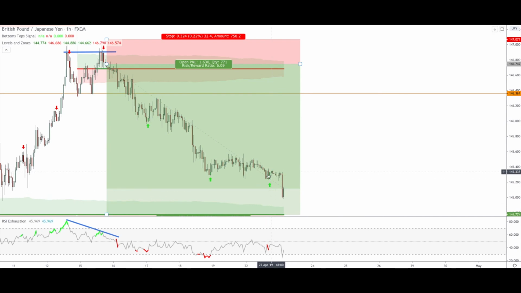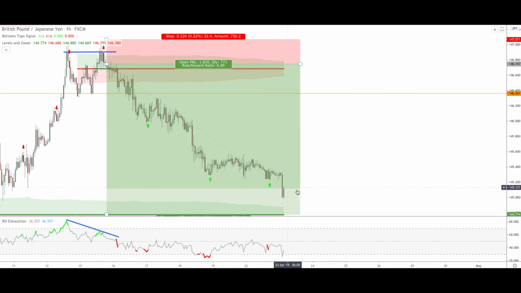We got a third bottom here with an RSI slightly higher than the previous bottom. But here I see some weird movement of the RSI, which I did not like, so I just tracked the price as it moved in the next candles, and then we got this nice candle to the downside.